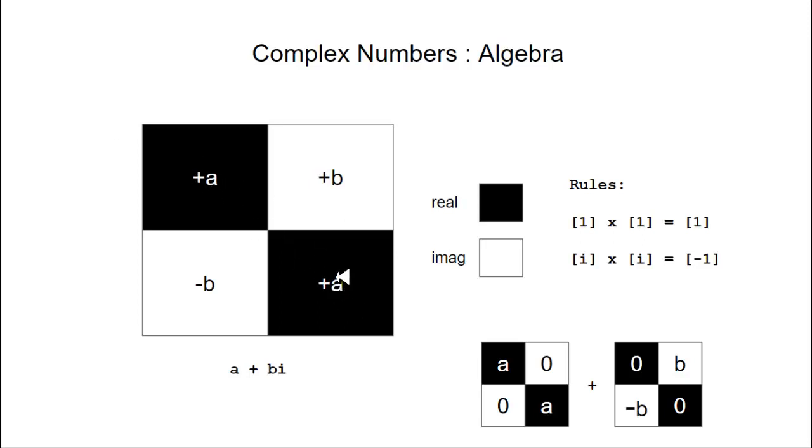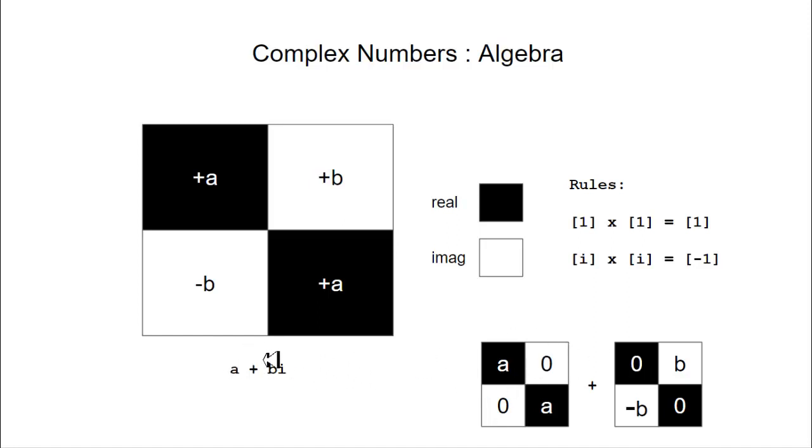A is on the forward diagonal, and of course the imaginary component is 0 because we haven't put that in yet.